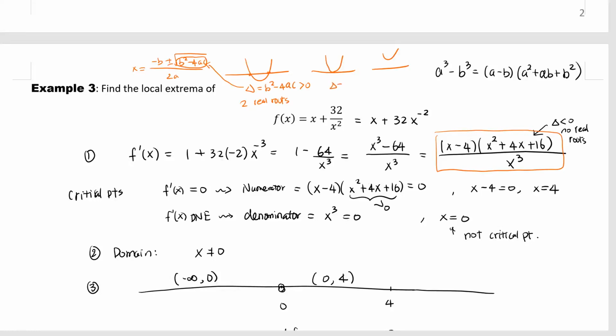When the discriminant is 0, you only have 1 repeated real root, because your quadratic is a complete square. And when the discriminant is negative, we have no real roots; actually, we have 2 complex roots.